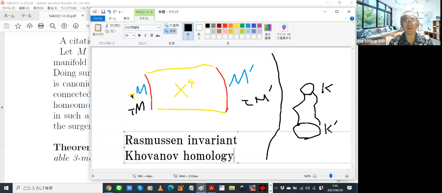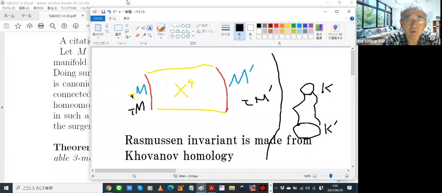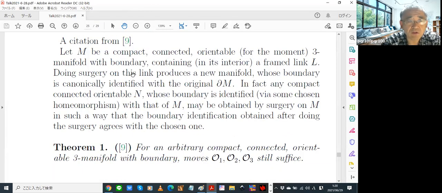Maybe related. Anyway, thank you. Okay, I will think about the cobordism invariant from our invariant.